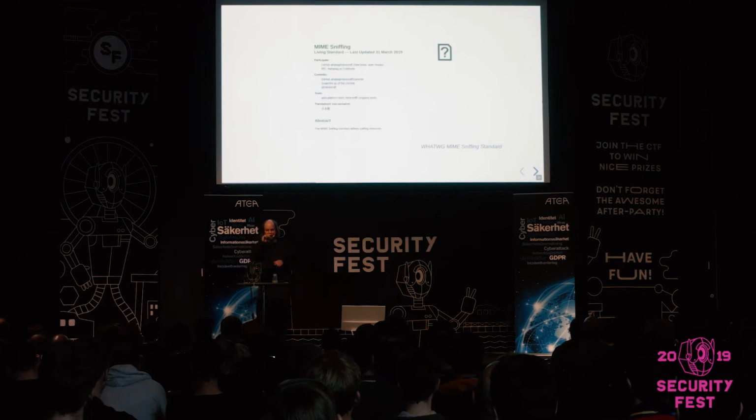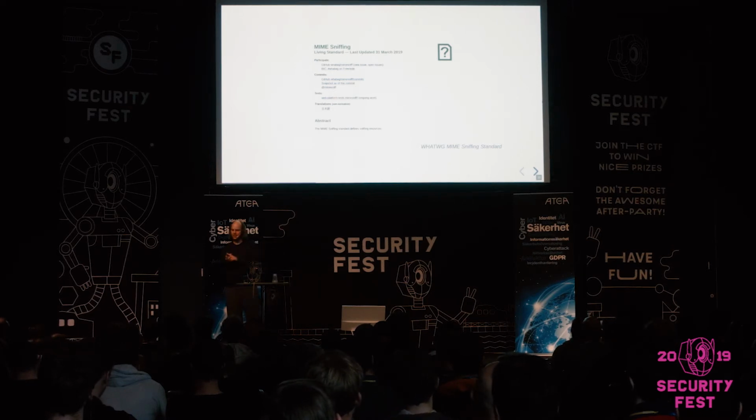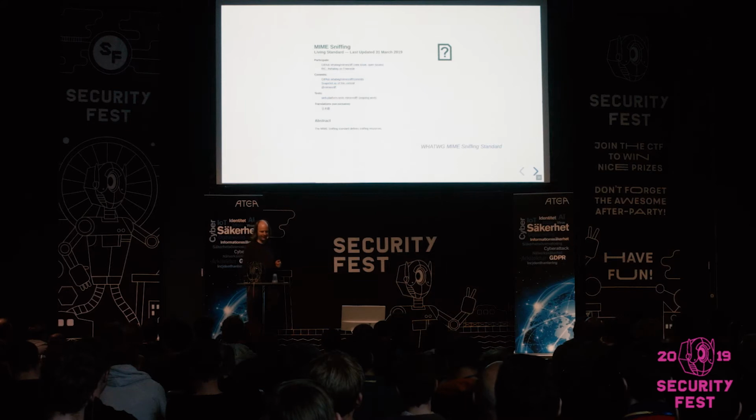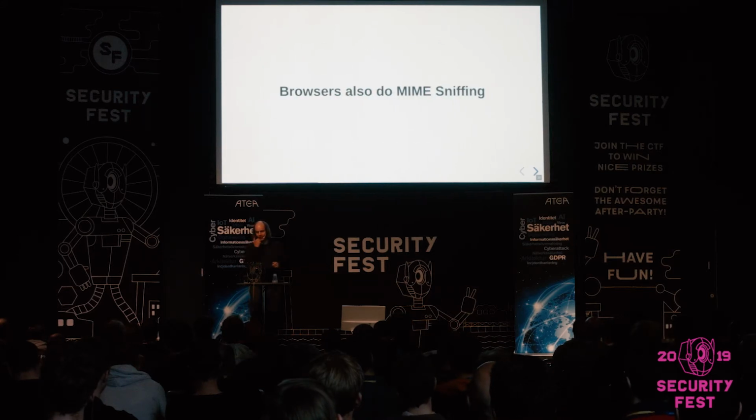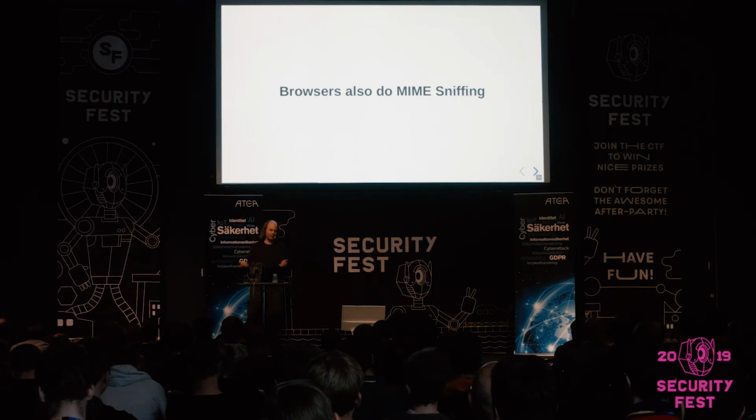And then there's the browser, and browsers also do MIME sniffing. And there's even a standard for that. But that there's a standard doesn't mean that browsers do what's written in the standard or that it's consistent. But still, the browser will also do MIME sniffing. If the browser sees a file without a content type, it will try to guess based on its content what it is. And if there's HTML code in it, it will try to render it.